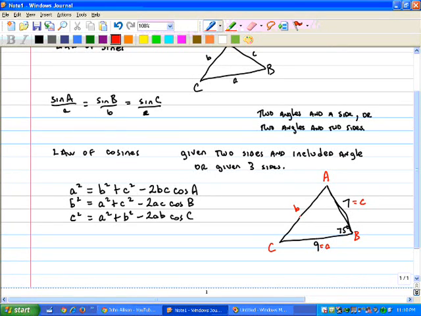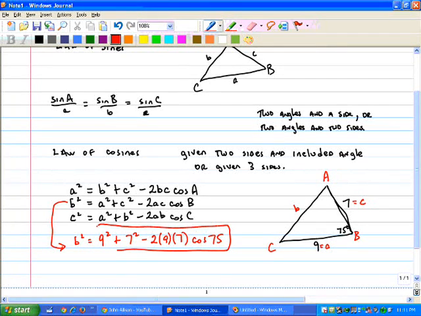If we're going to find side b, we will use the second version of the law of cosines that says b squared is equal to a squared plus c squared minus 2 times a times c times cosine angle B. Make sure your calculator is set on degrees. Then we're going to type in all of this just exactly like it is.